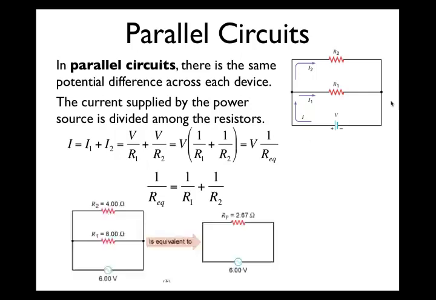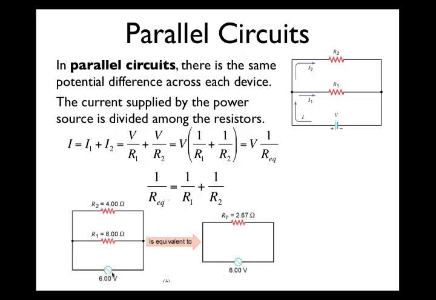So this, again, can be reduced to an equivalent circuit. And again, I got some specific numbers here: if I have a 6 volt power supply hooked to an 8 ohm resistor and a 4 ohm resistor, the equivalent resistance of those resistors turns out to be 2.67 ohms and a 6 volt power supply.